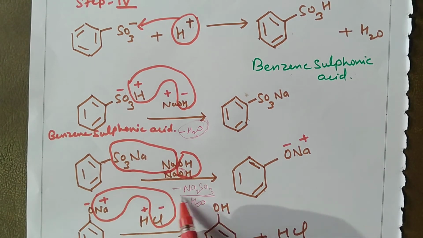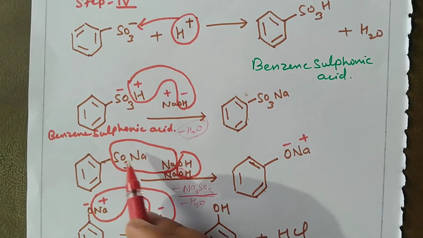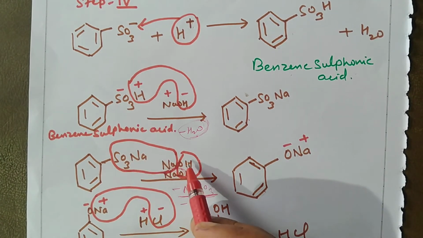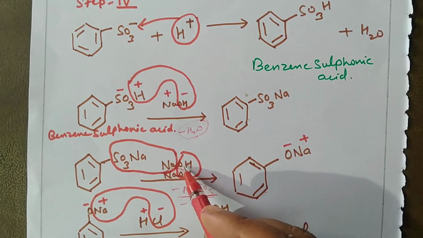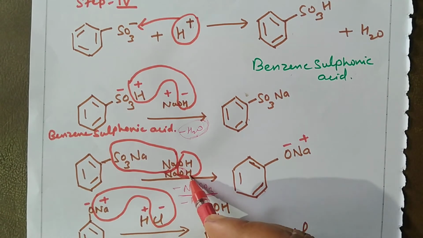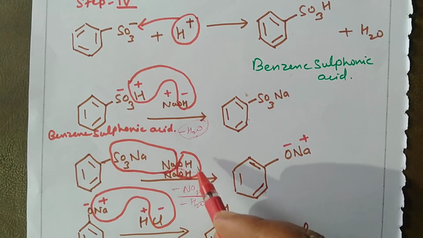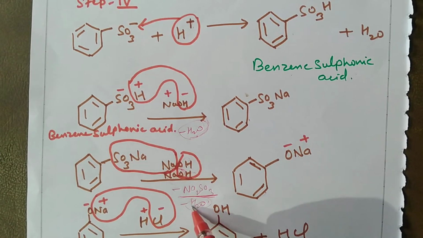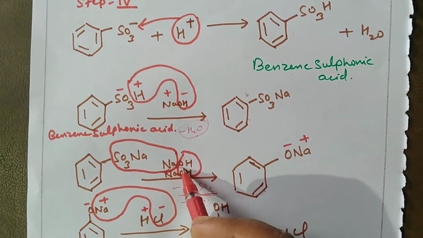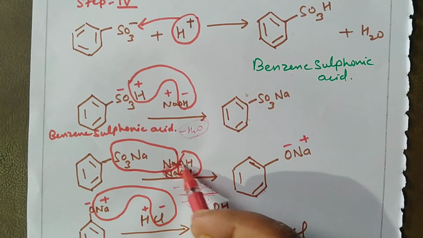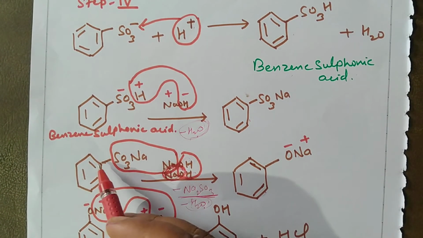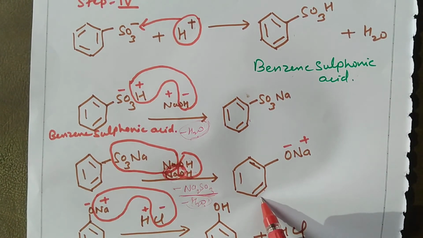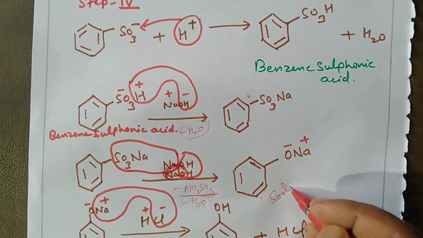So Na2SO3 is eliminated, and it is completely removed, and at the same time one of the OH and another molecule of H of NaOH are eliminated as a water molecule. You can see that OH and this H are eliminated as water molecule. We have only NaO. So this one will attach with the benzene ring to form sodium phenoxide. This one is sodium phenoxide.